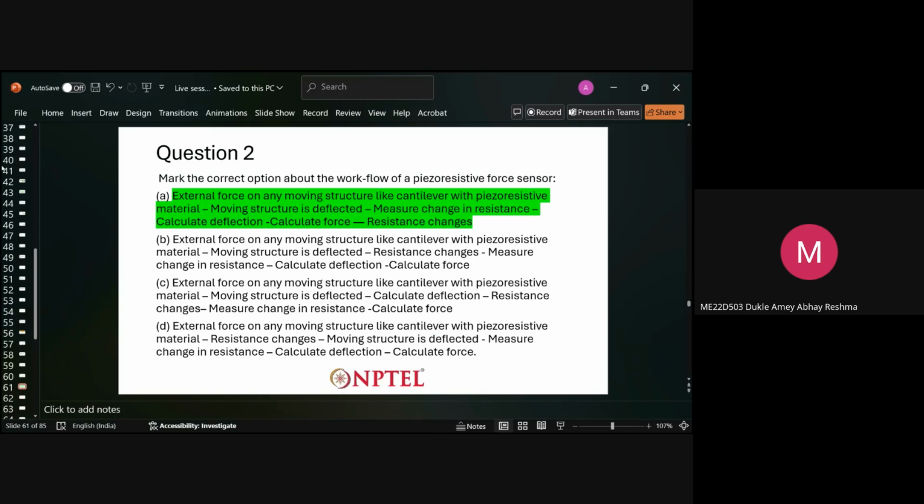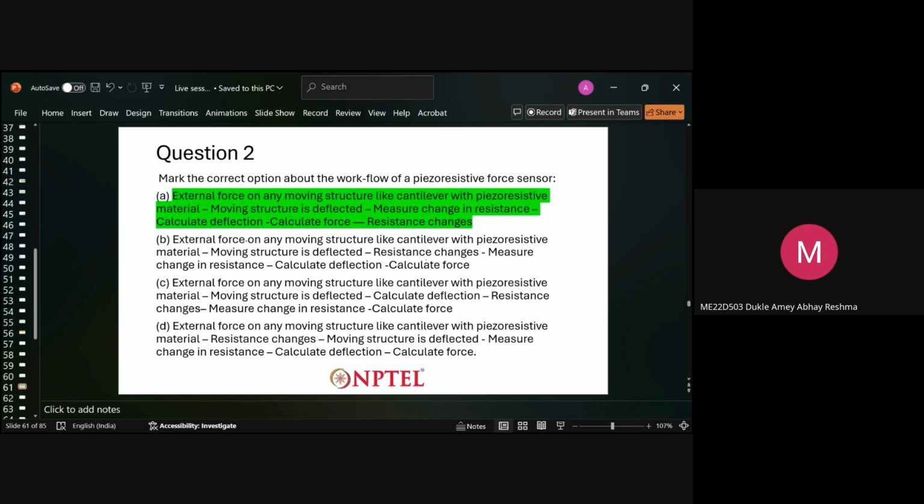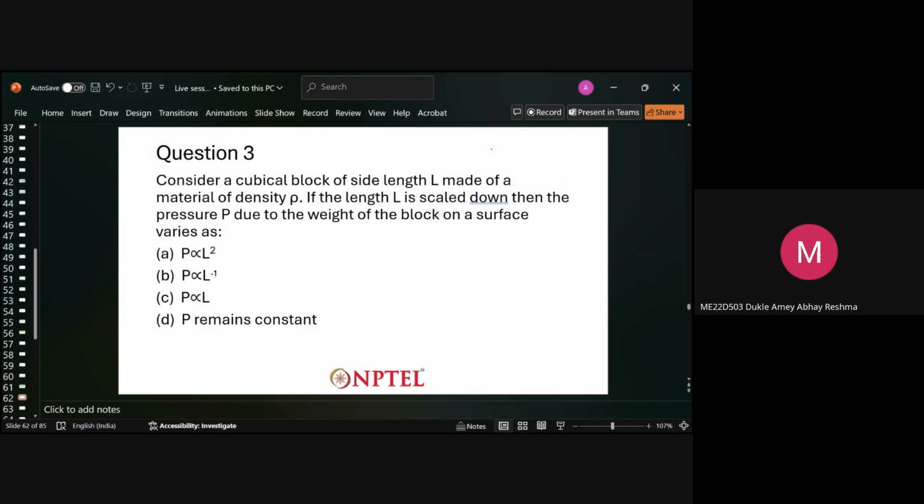The answer has to be B. You have the external force applied on the cantilever, the moving structure is deflected, and the resistance changes. You measure the change in resistance, and from that change in resistance you calculate the deflection, and then you get the force. Basically, that is how the sensor works.